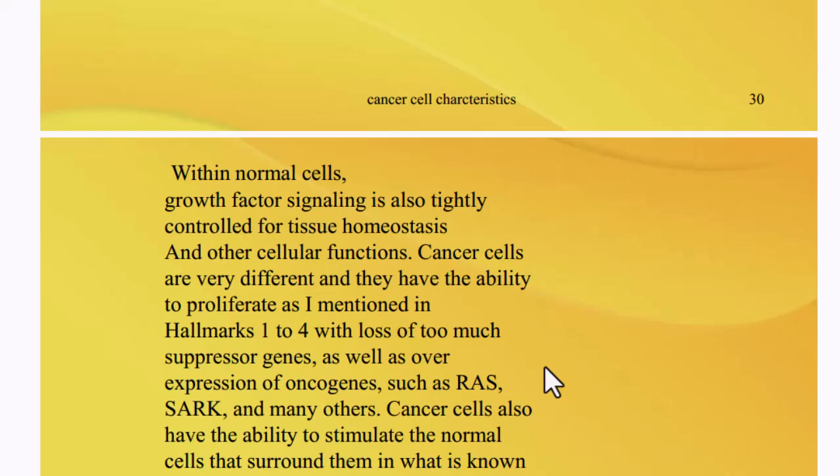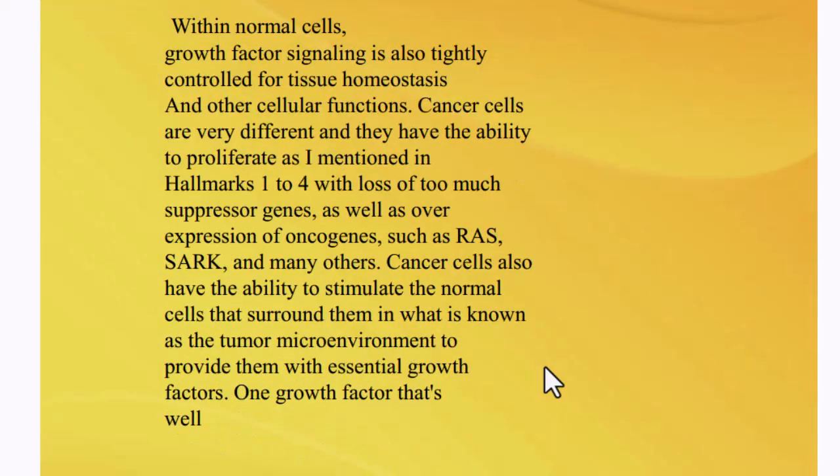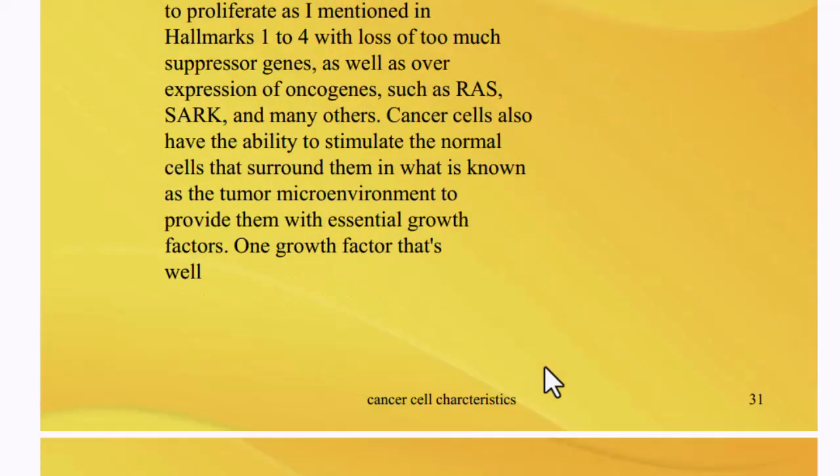They are able to sustain proliferation. Within normal cells, growth factor signaling is also tightly controlled for tissue homeostasis and other cellular functions. Cancer cells are very different, and they have the ability to proliferate, as I mentioned in hallmark 1, through loss of tumor suppressor genes as well as overexpression of oncogenes such as RAS, SRC, and many others. Cancer cells also have the ability to stimulate the normal cells that surround them, in what's known as the tumor microenvironment, to provide them with essential growth factors.